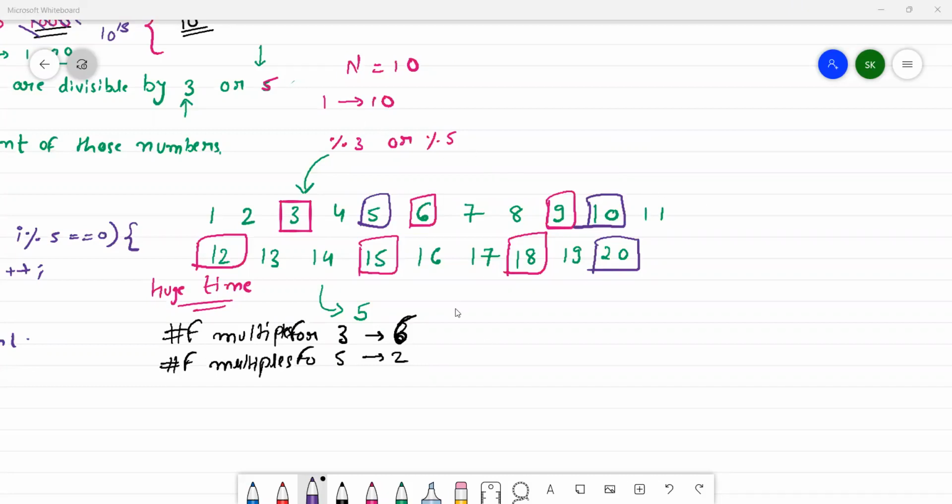So overall, the total number of multiples for 5 is 4. Yes or no? Yes. But when you give your result, how many total numbers will you give as the result?